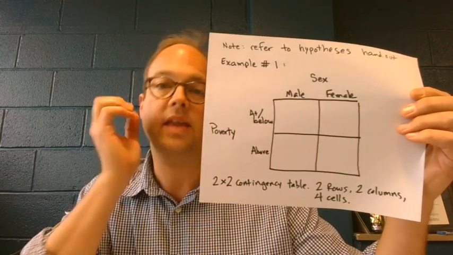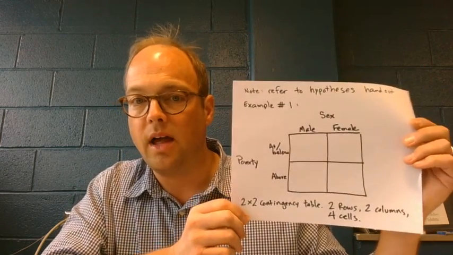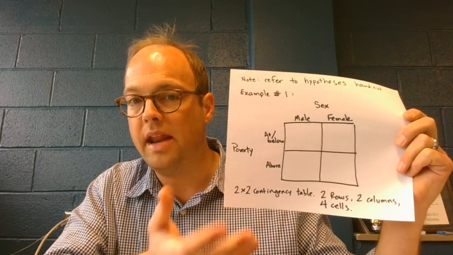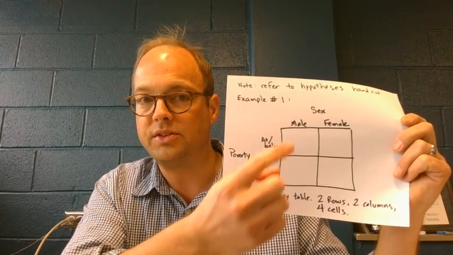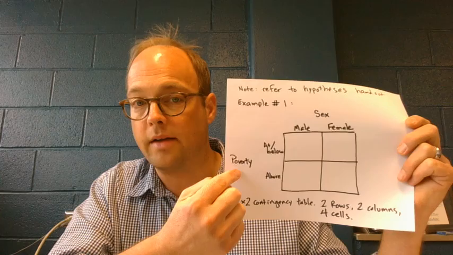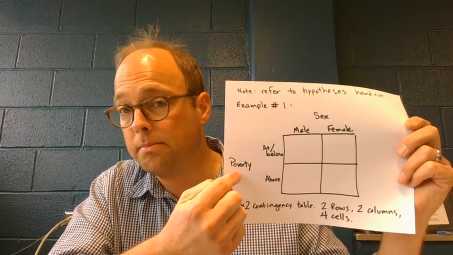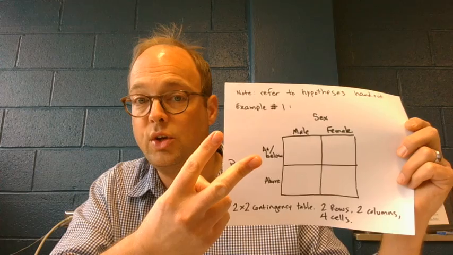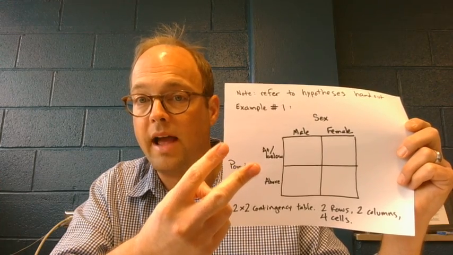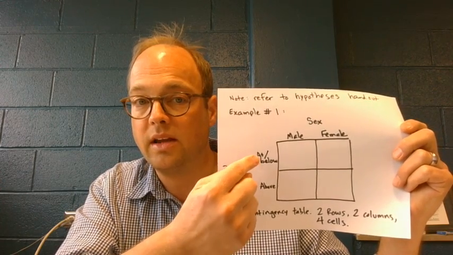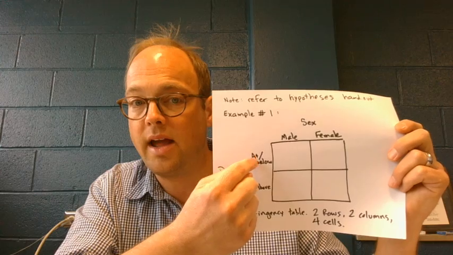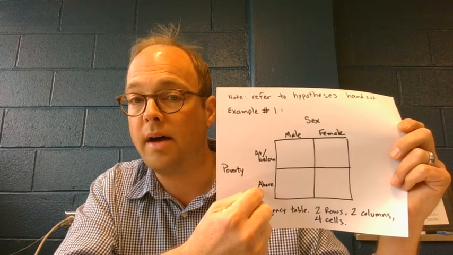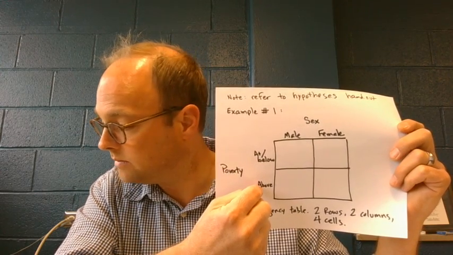I've also, in this contingency table, named the variables. Here, I've called this variable poverty, and this variable has 2 possible values, 2 possible categories, at or below the poverty line or above the poverty line, right?